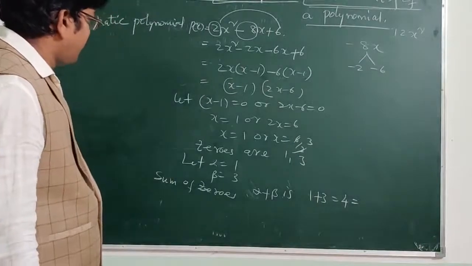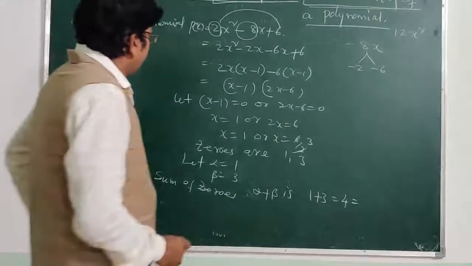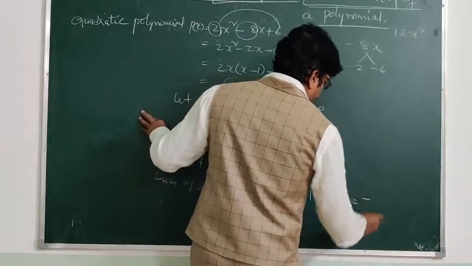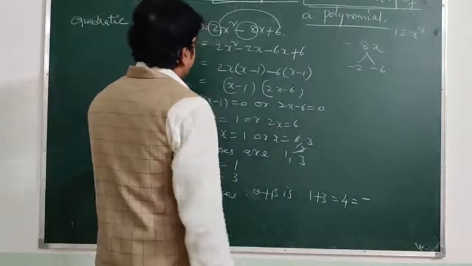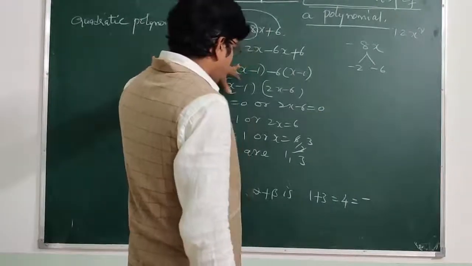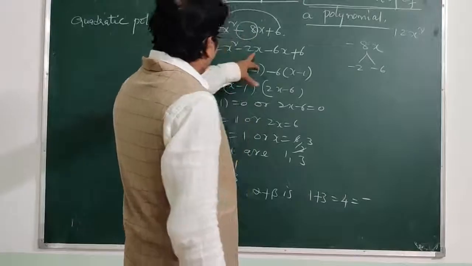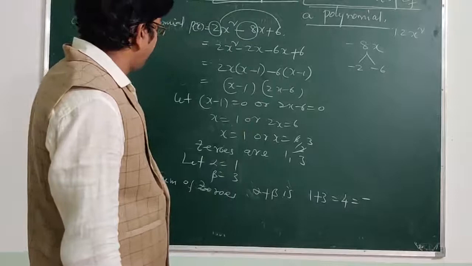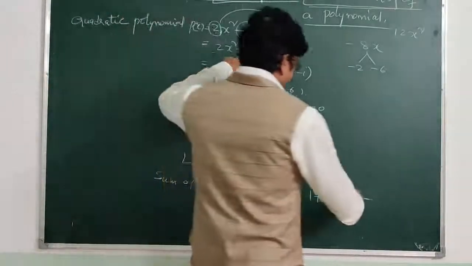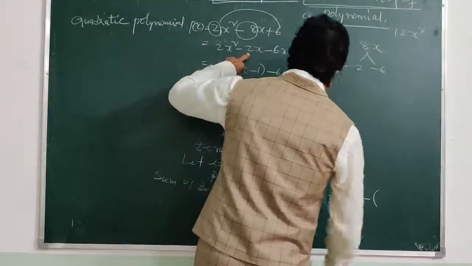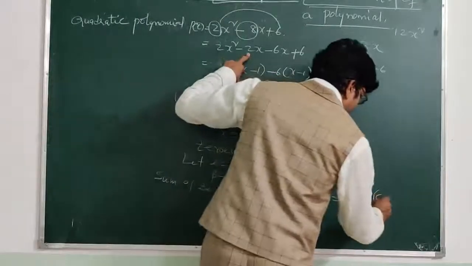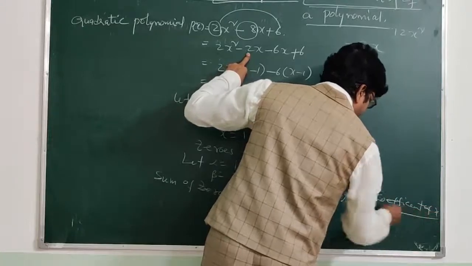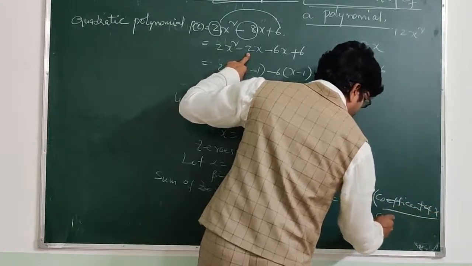This is equal to what? Minus of coefficient of x by coefficient of x square.